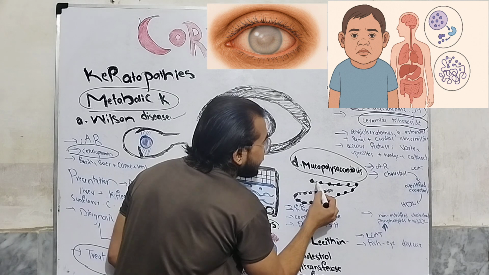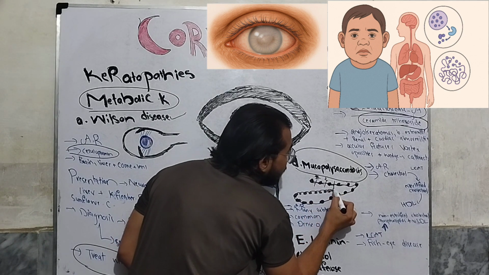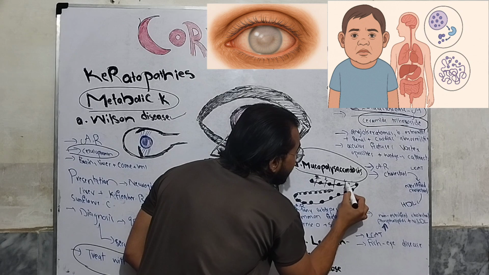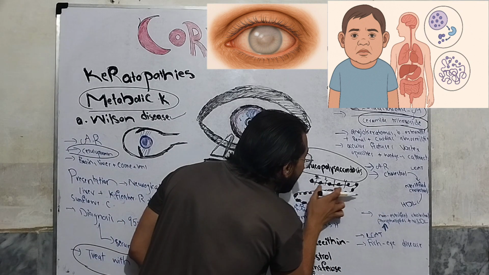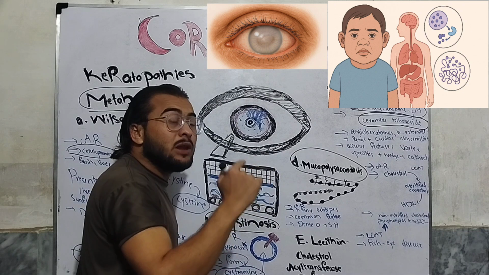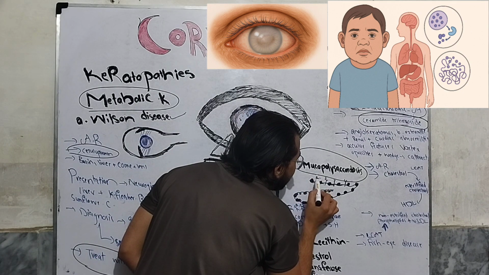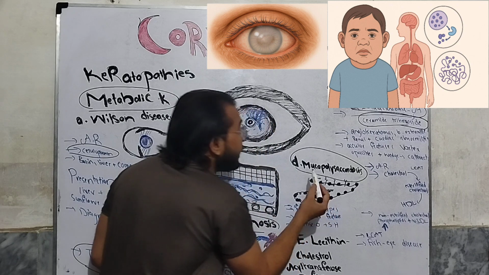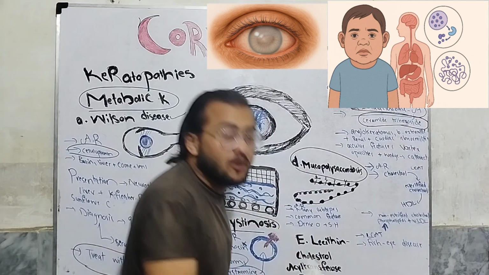Okay, so for example, if this is one enzyme, there can be two, this is 2, this is 3, 4, and so on. Okay, so when there is any problem with each enzyme, there will be a specific type of metabolic disease. So the problem can be in one enzyme, two enzyme, third enzyme, or in the fourth enzyme.